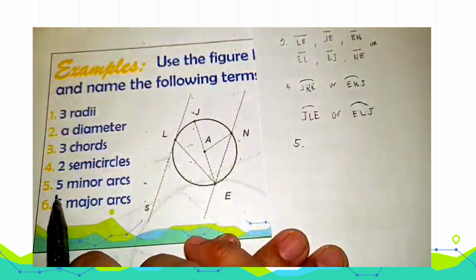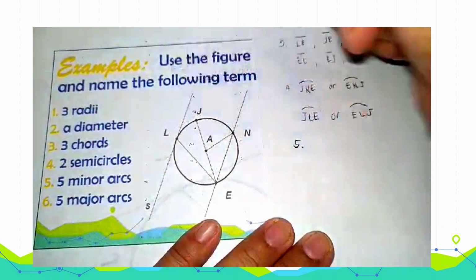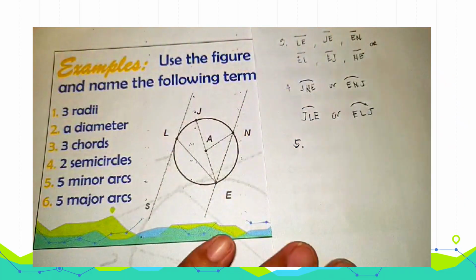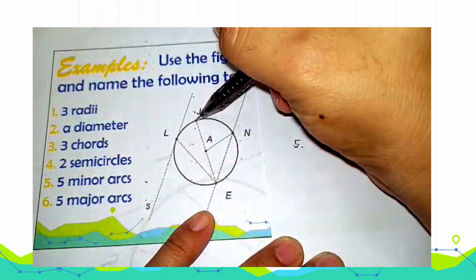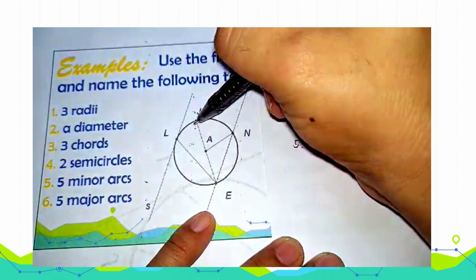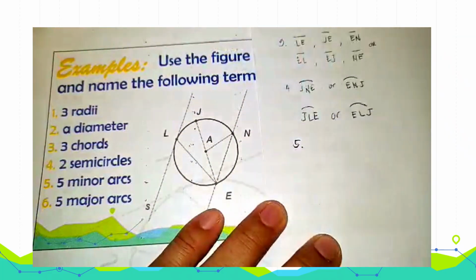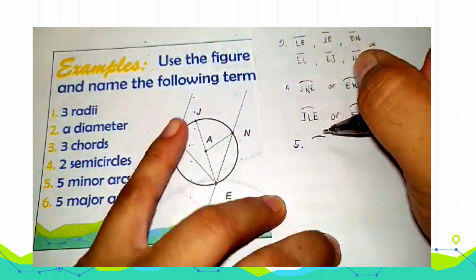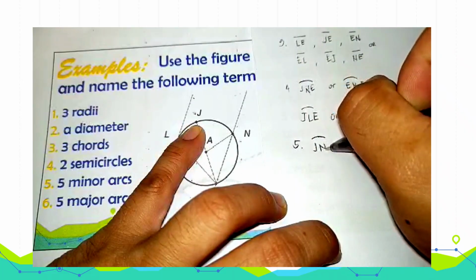Number 5, name 5 minor arcs. Let's start here. Minor arcs will be arcs that are less than the semicircle. This is the semicircle. So we will have this 1, 2, 3, 4, and 5. I'll start here. Arc JN.